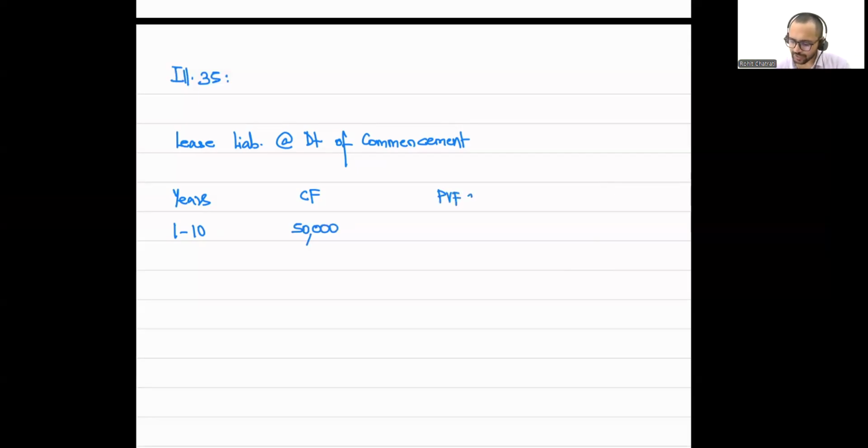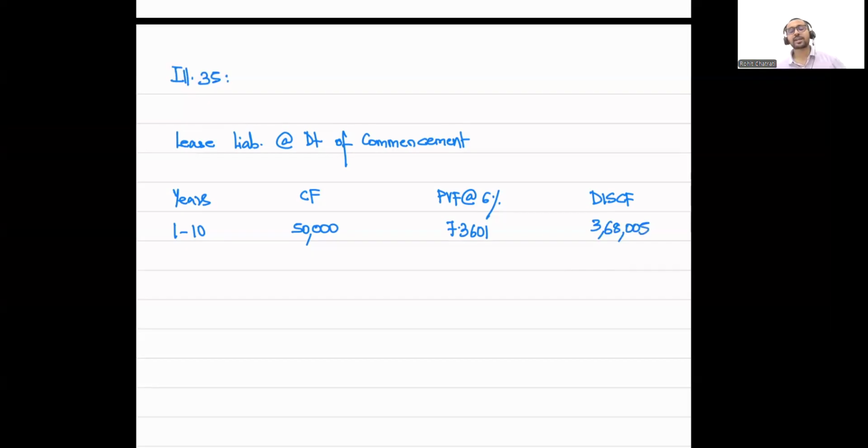We have present value factor at 6%. 6% was the incremental borrowing rate on the date of commencement. The annuity factor at 6% we calculated earlier, but I'm quickly calculating it again. It is equal to 7.3601. Discounted cash flow will be equal to 50,000 multiplied by 7.3601, which is equal to 3,68,005 rupees.